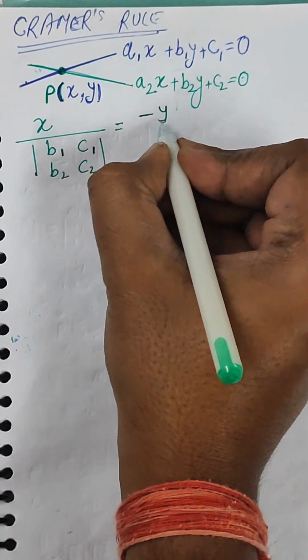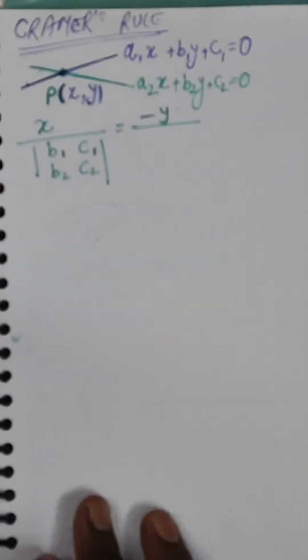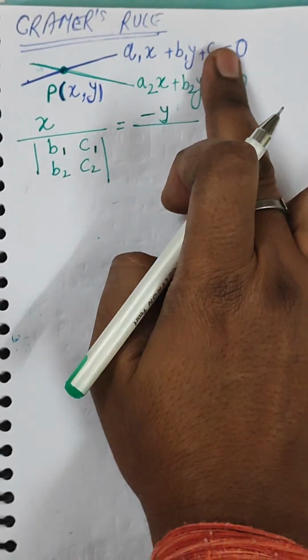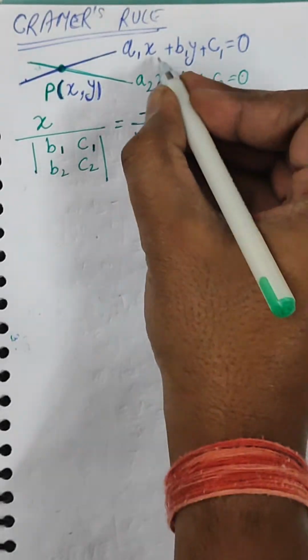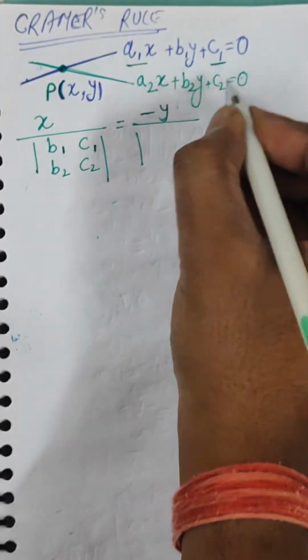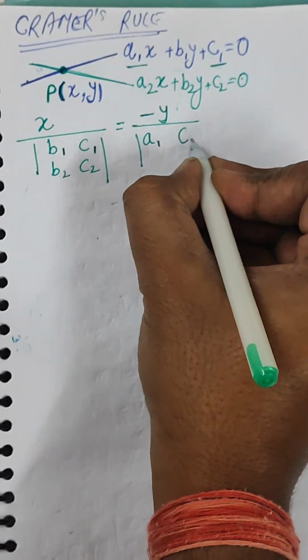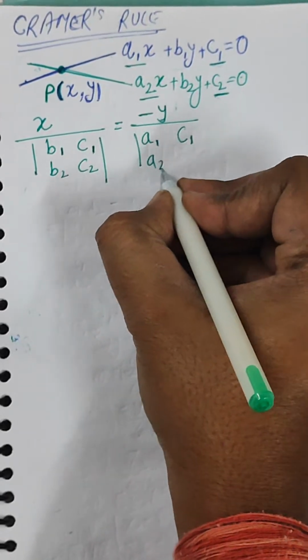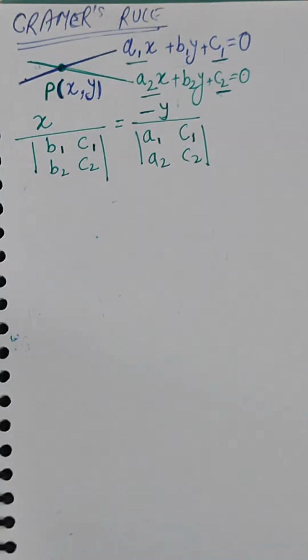y times the determinant where we just leave the y and take the coefficient of x and the constant. So these are a1 c1 and a2 c2, right?